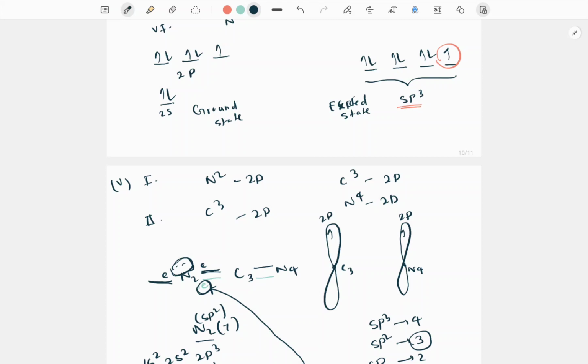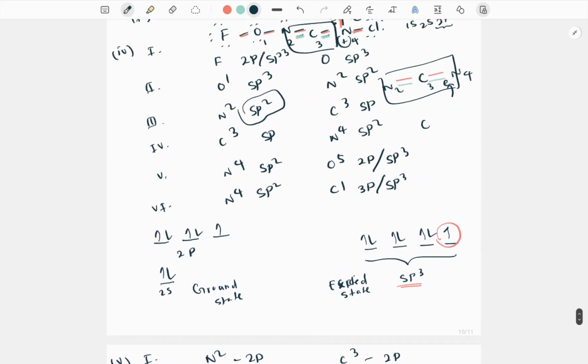This is one carbon. What we are asking is how these two pi bonds are oriented.